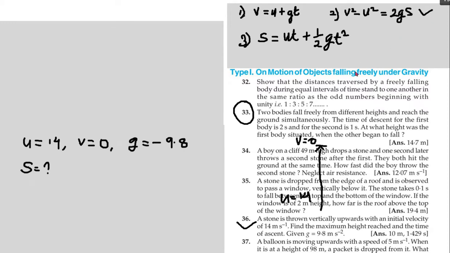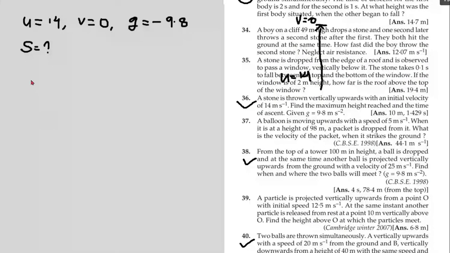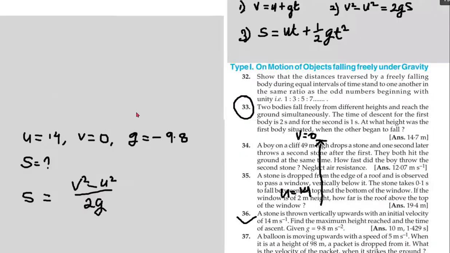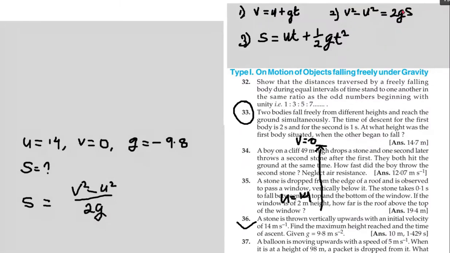So from equation 2, s equals v square minus u square by 2g.